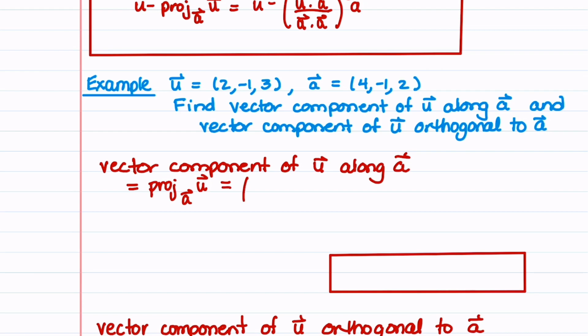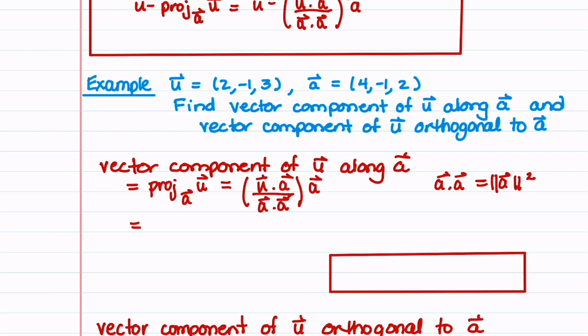So here we go: u dot A over A dot A times A. Sometimes you'll see the A dot A written as the magnitude of A, quantity squared.